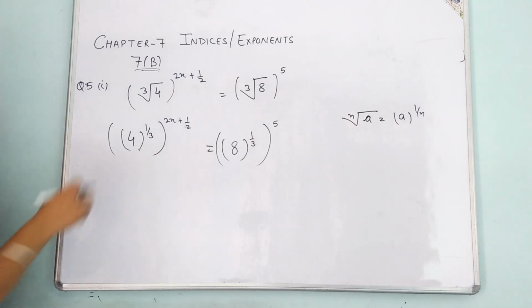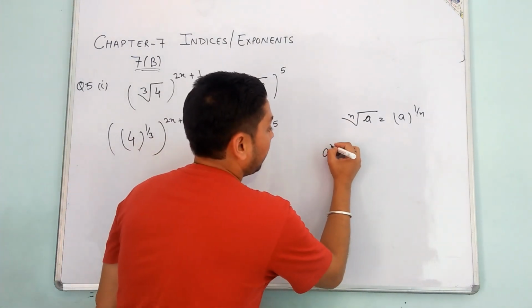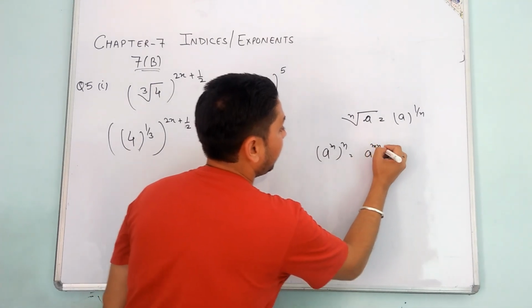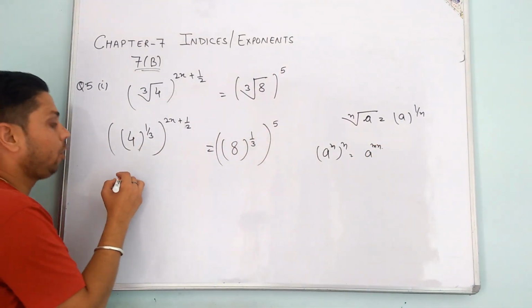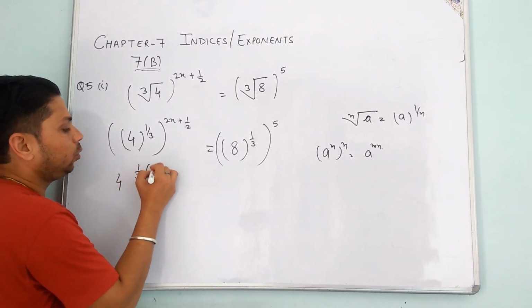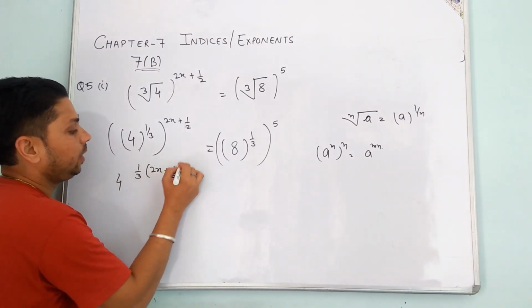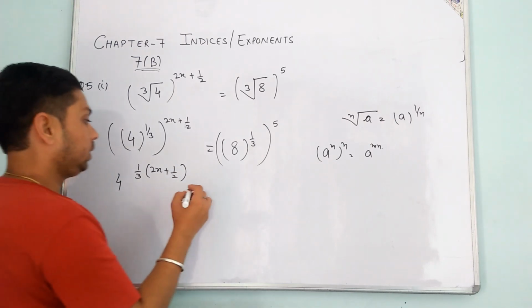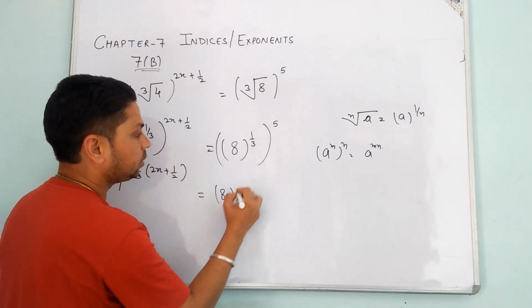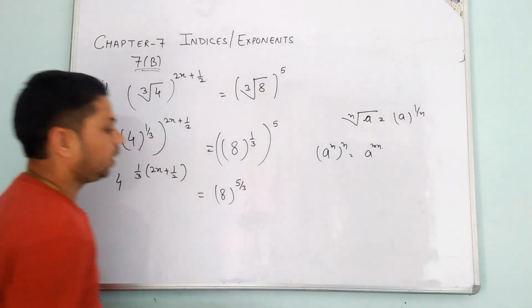Now apply the property a raised to power m whole power n is equal to a raised to power mn. It will give you 4 raised to power 1 by 3 into (2x plus 1) by 2. This will be equal to 8 raised to power 5 over 3.